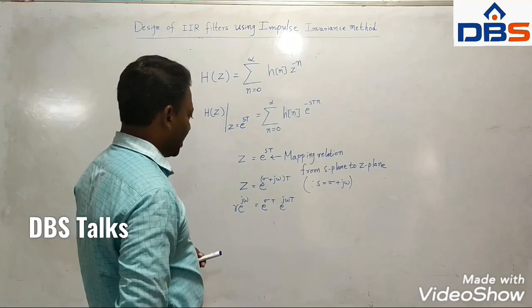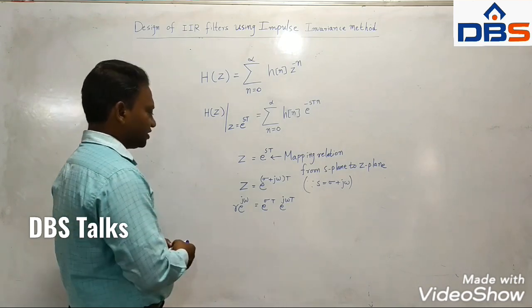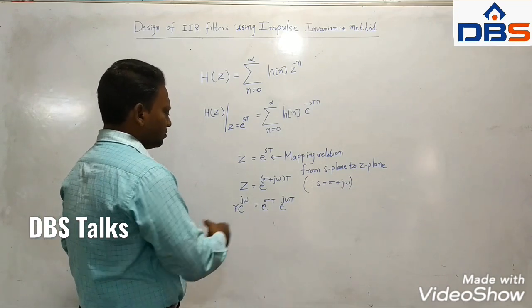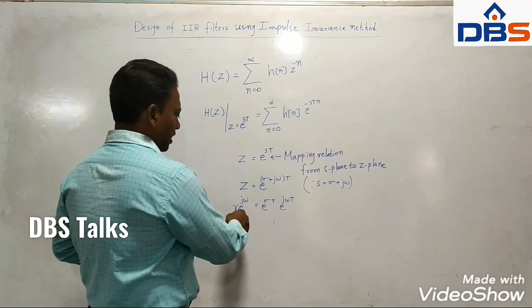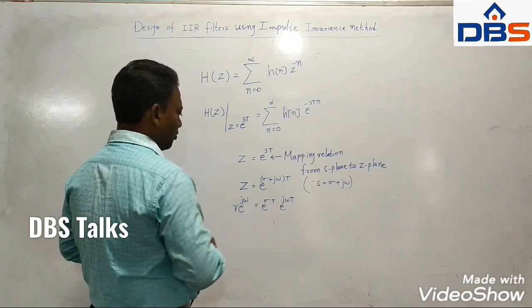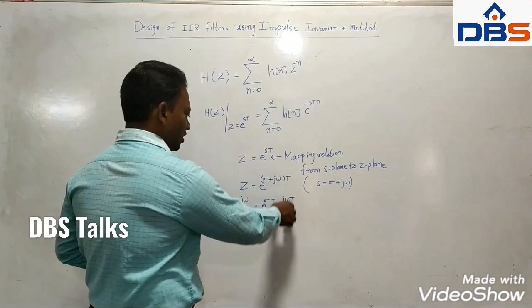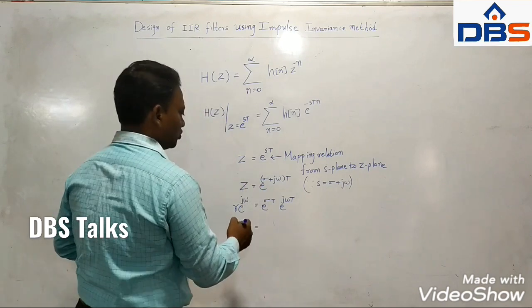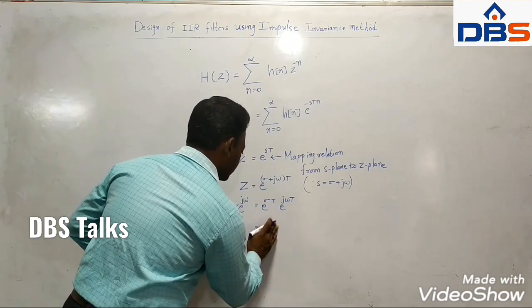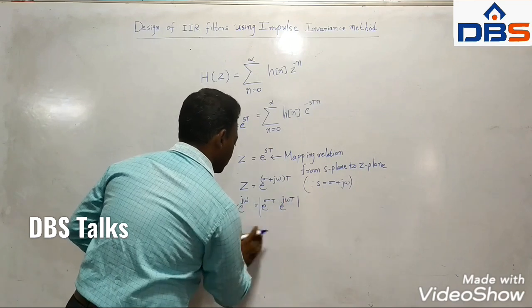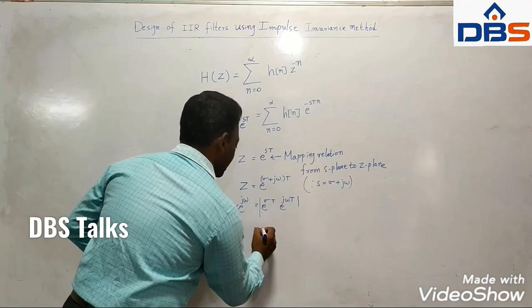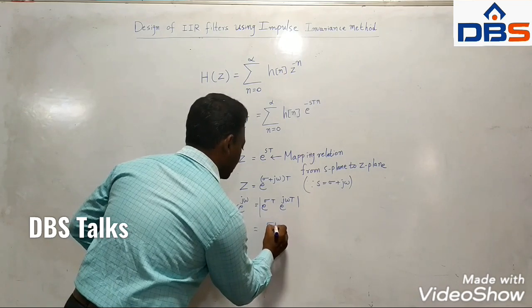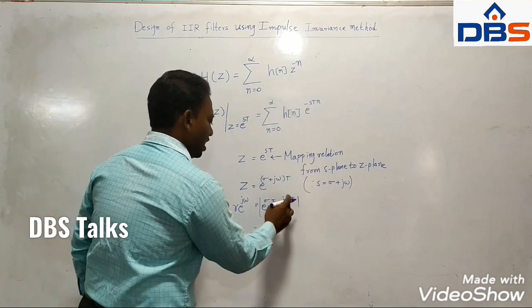Now if you find the magnitude of this, that is r, then r is equal to e power sigma t, and e power j omega t is also there.